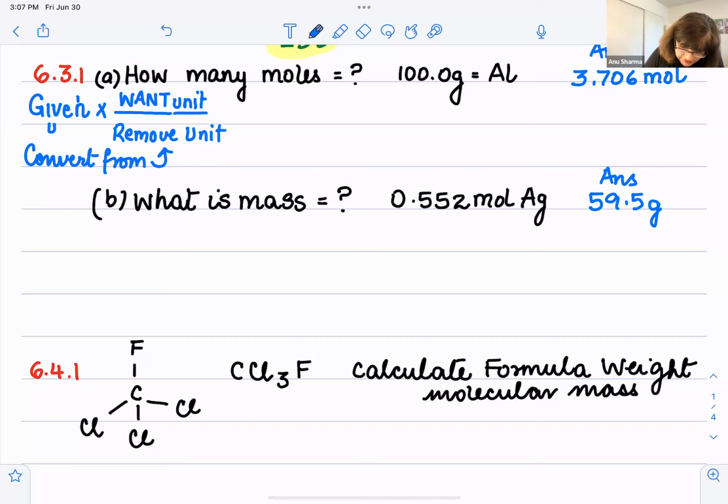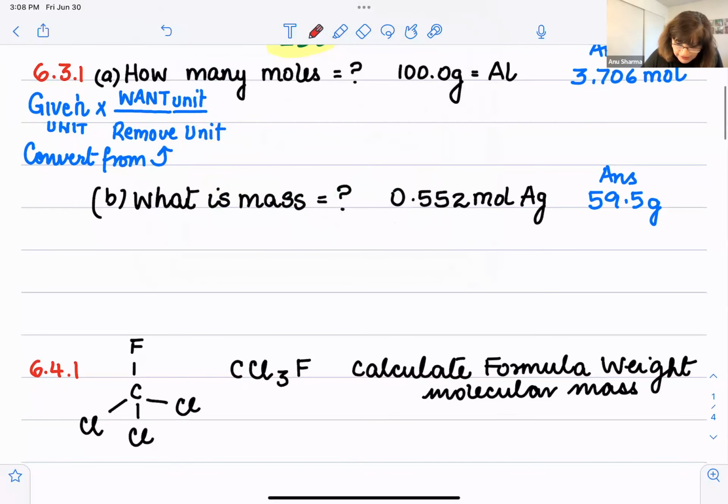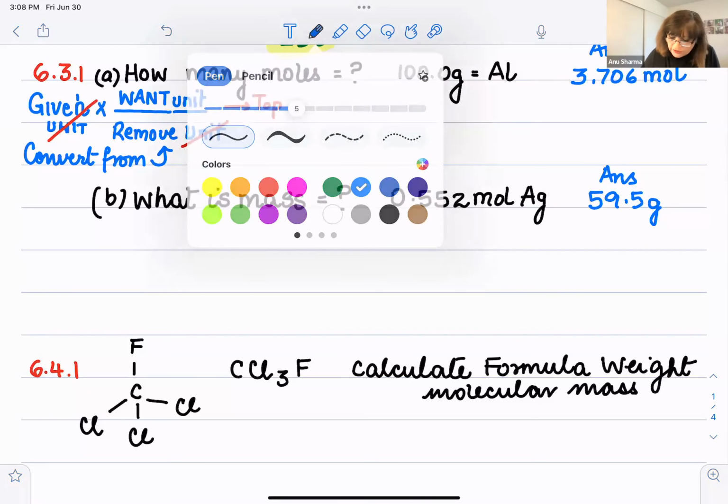So the given units and the removing units cancel out. That is why they are placed diagonally. These units are the same. The top means numerator, and the bottom is the denominator, so that cancels out.